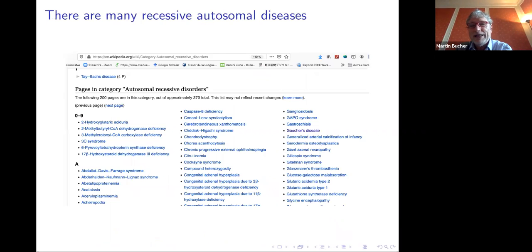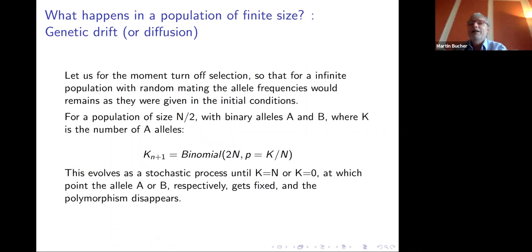But let's go and look at the other extreme. So this is going to be neutral theory, where there are different alleles that present themselves, but there's no selective advantage. So we're just going to assume a binary allele, and the population size will be n.